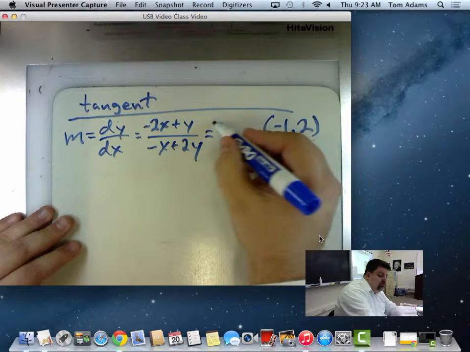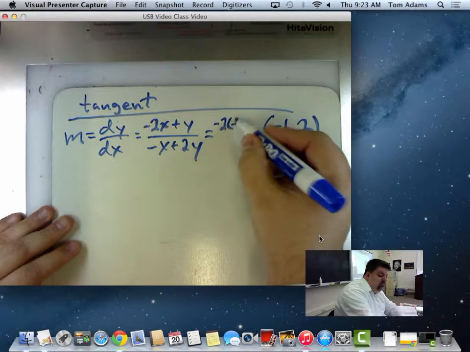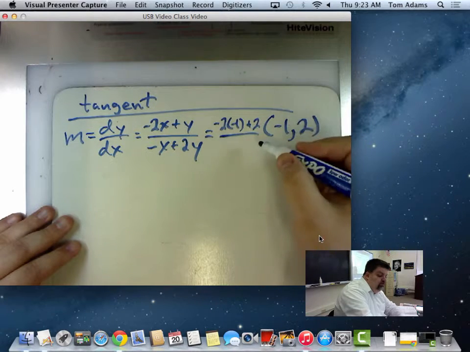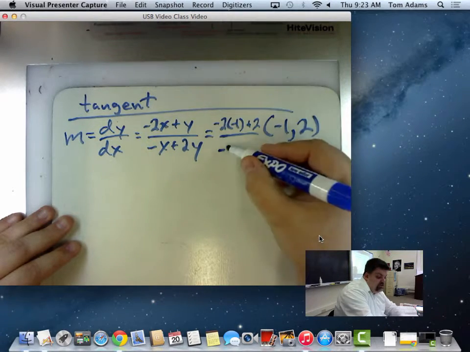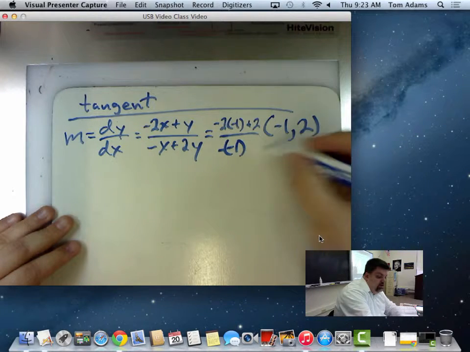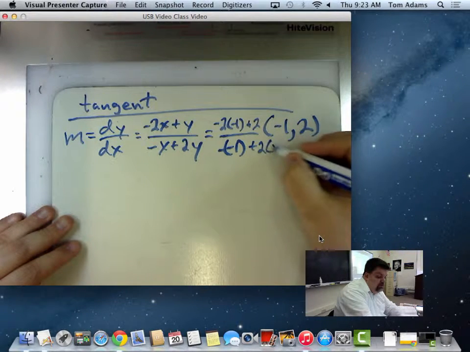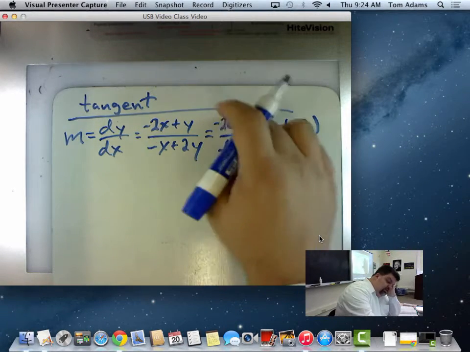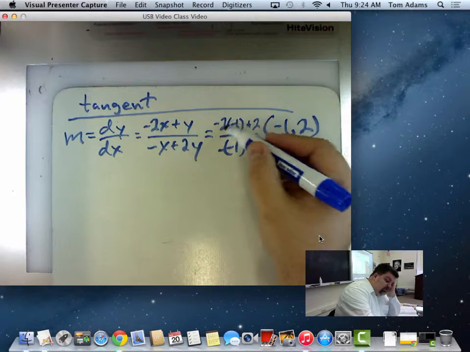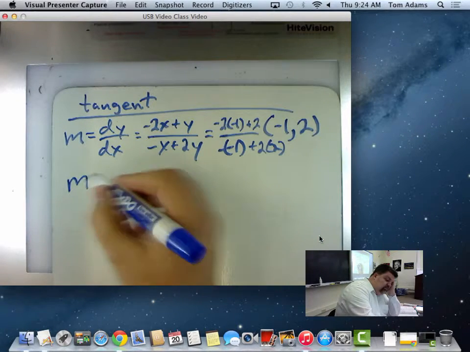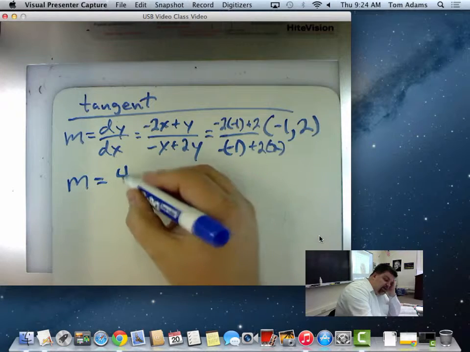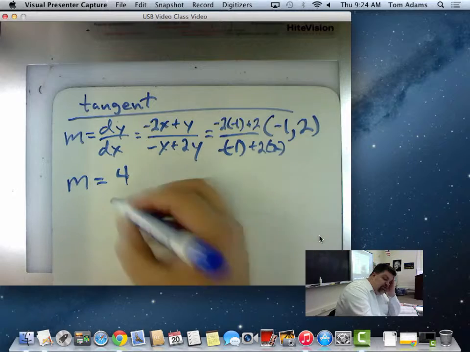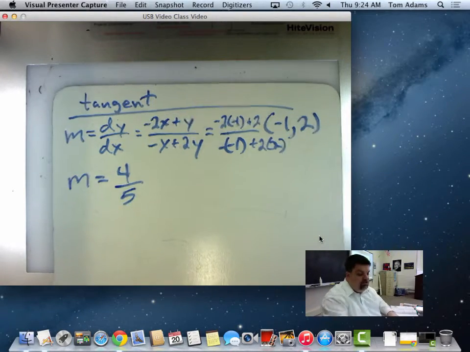What that really is, though, is negative 2 times x, which is negative 1, minus y, which is 2, all over negative x, which is negative 1, plus 2y, which is 2 times 2. So when I do that, negative 2 times negative 1 is a positive 2, plus 2 is 4. And then on the bottom, I get negative 1 times negative 1 is positive 1, plus 4 is 5. So that's the slope. This is the point.